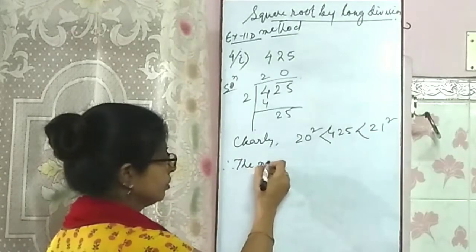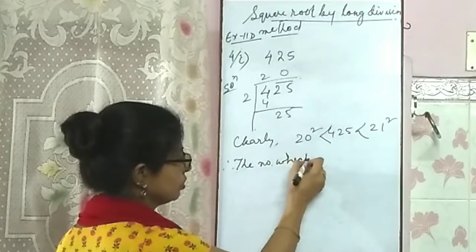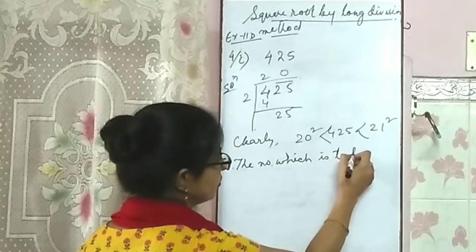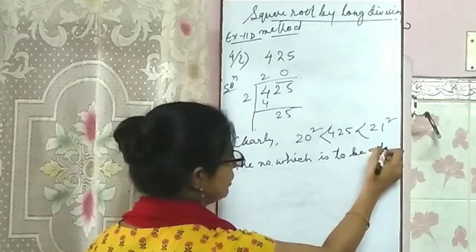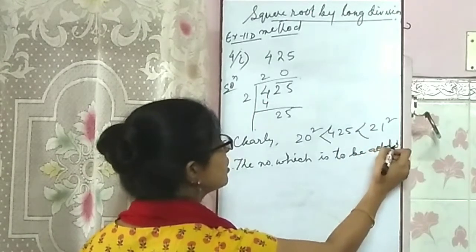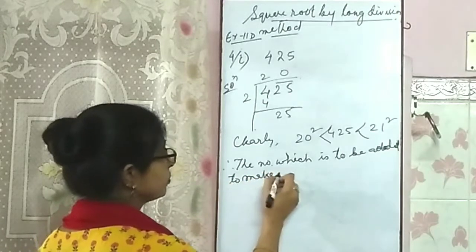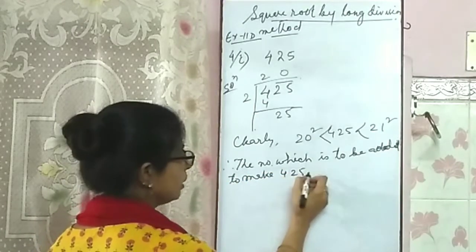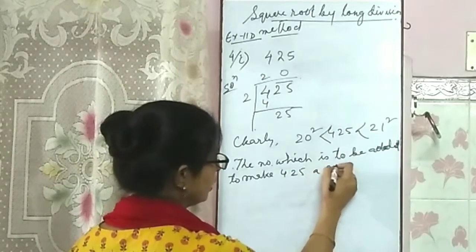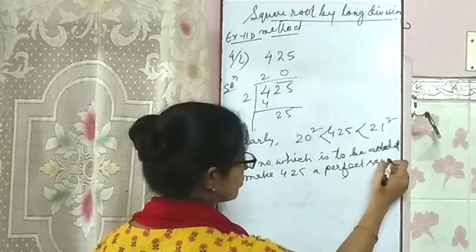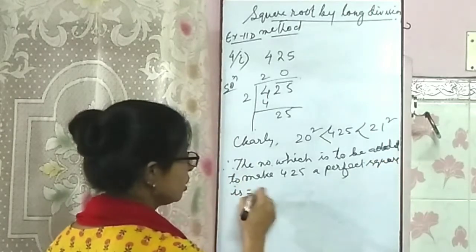Therefore the number which is to be added to make 425 a perfect square is how much?